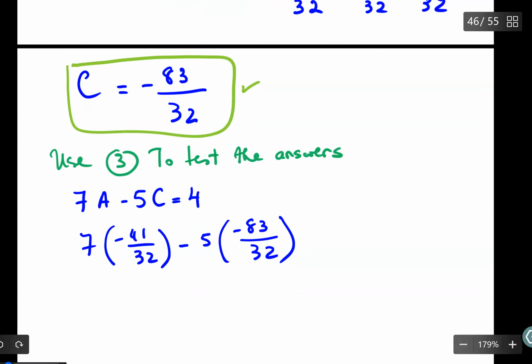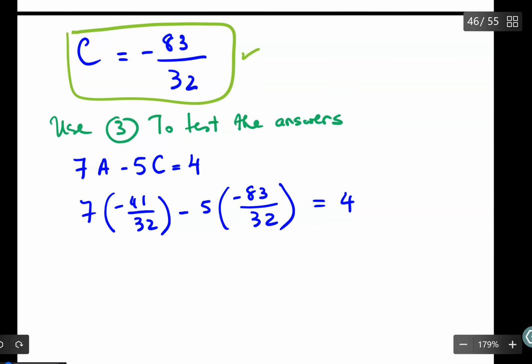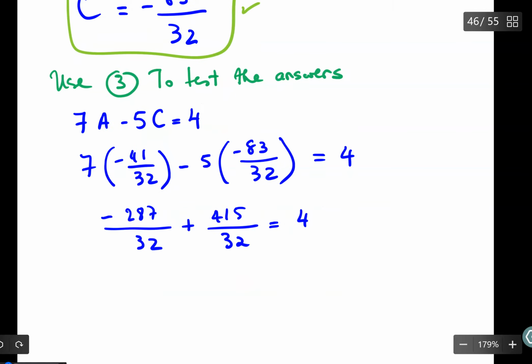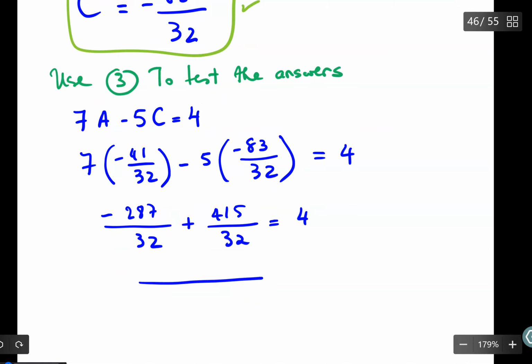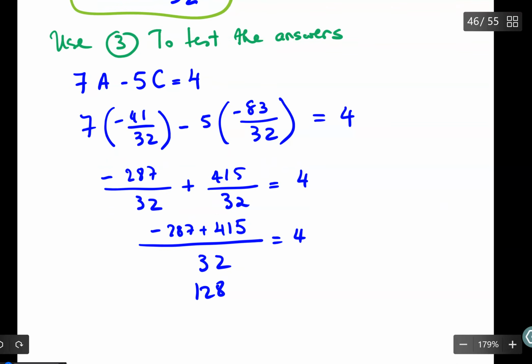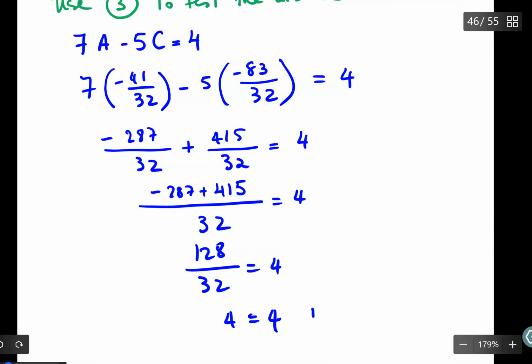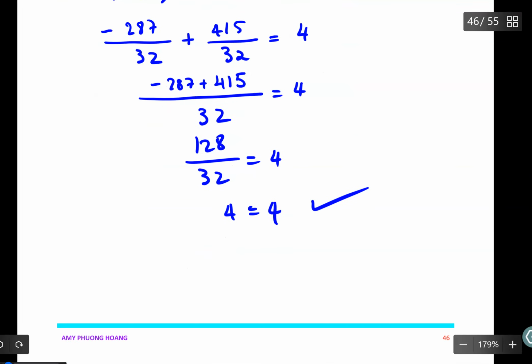Let's see if this is equal to 4. Okay, so in this case I will have negative 287 over 32 plus 415 over 32. So I can have negative 287 plus 415 over 32 equal to 4. So this should be 128 over 32 equal to 4. So 4 is equal to 4. So I got all the 3 values correct.